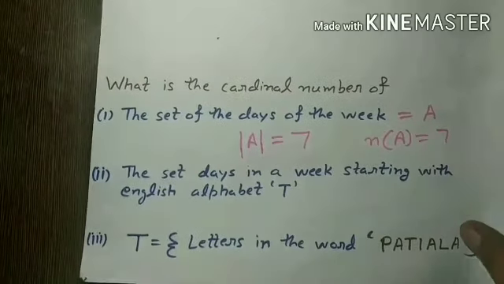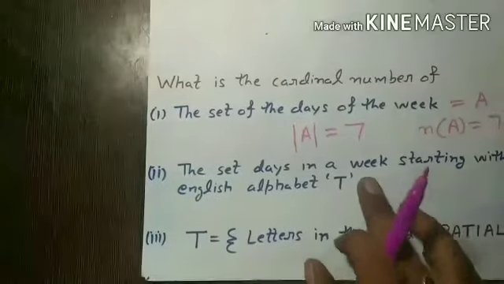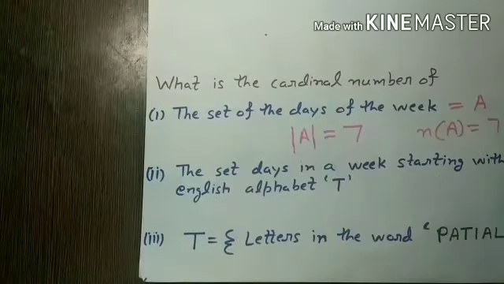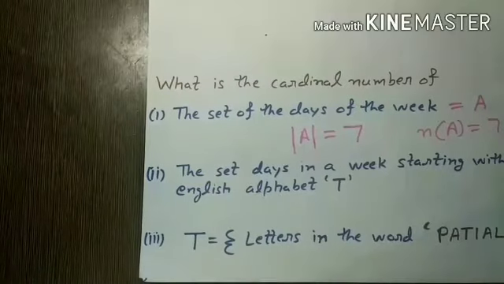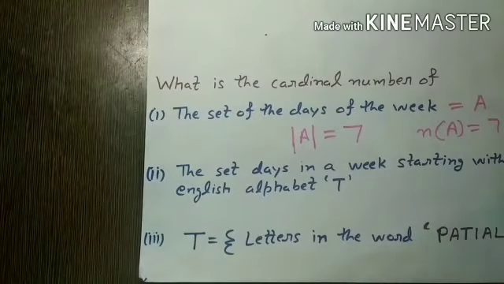Now the set of days in a week starting with English alphabet T. So you think that which days are starting with the English alphabet T? Yes, think how many days are there starting with the T? Take your time.